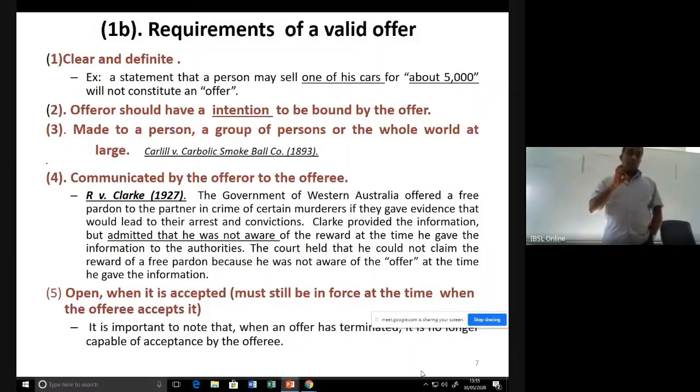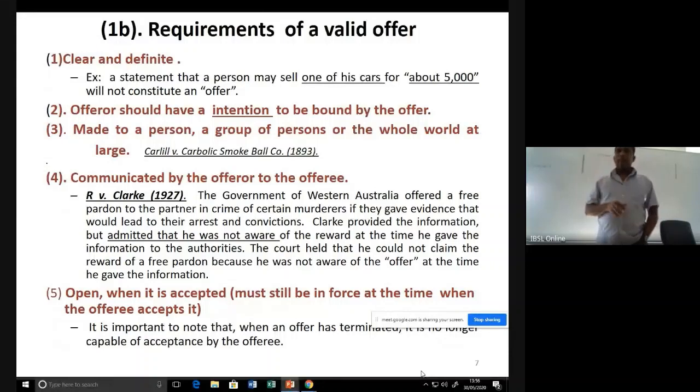But still, that promise we don't consider as an offer, because when you make that promise, you don't have the intention to create a legally binding effect or legally bind yourself with your friend.